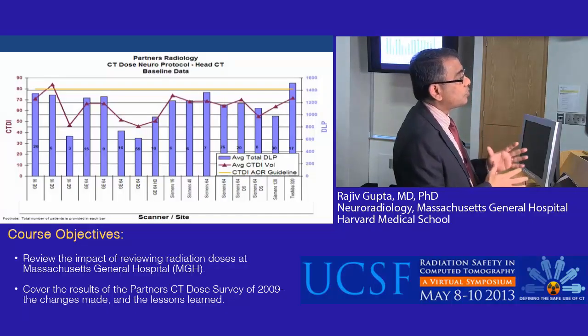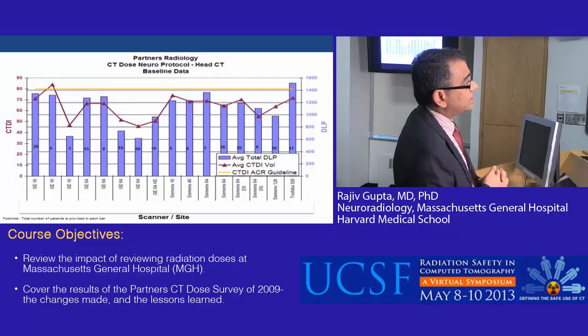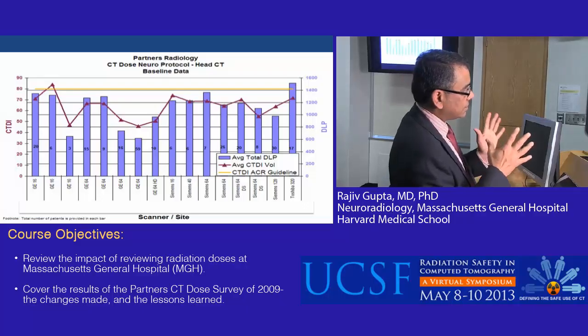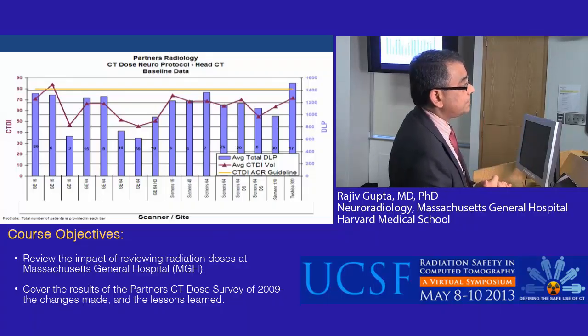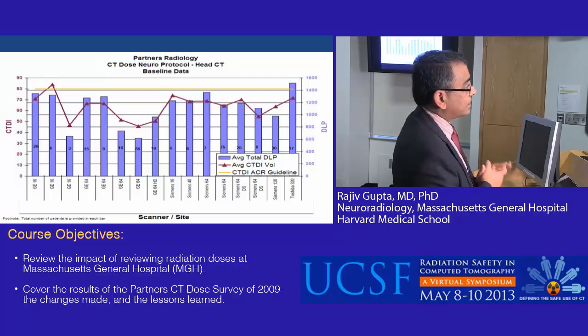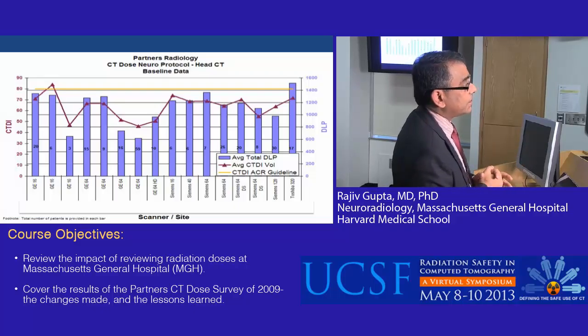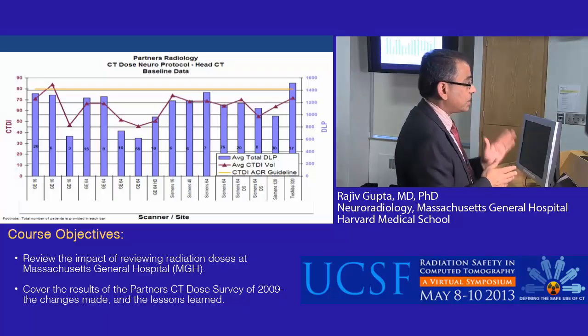So what I'll show you are some selected slides. This is a subset of the survey data just for head CT. On the left-hand side, you have the CTDI for different scanner types and at different institutions. And on the right-hand side, you have the DLP, which is given by these blue bars.